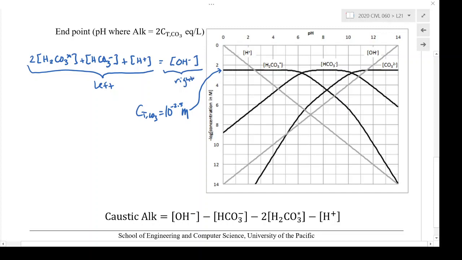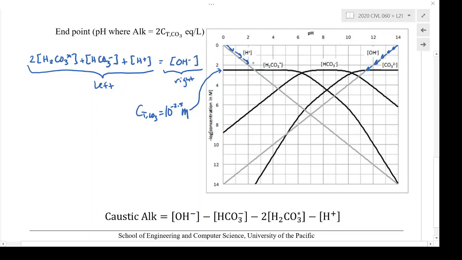On the right-hand side, it's pretty simple. I'm going to follow the hydroxide line all the way down. On the left-hand side, I'm going to follow the dominant species. Initially, it's hydrogen ion, and I'm just following right above the line. Because this is a log graph, the sum of these things is distorted by that log scale.